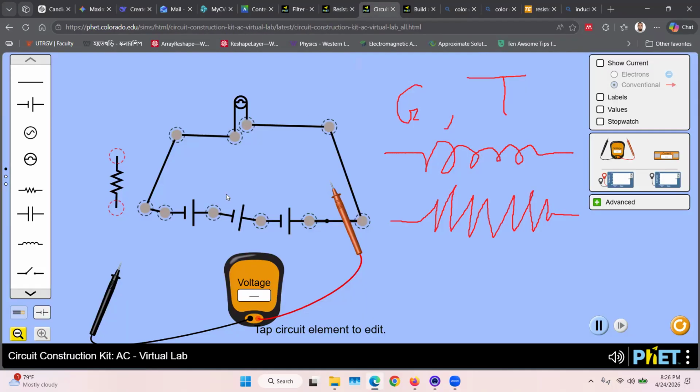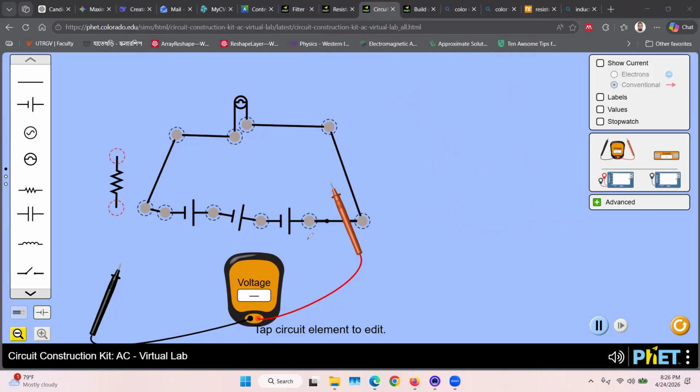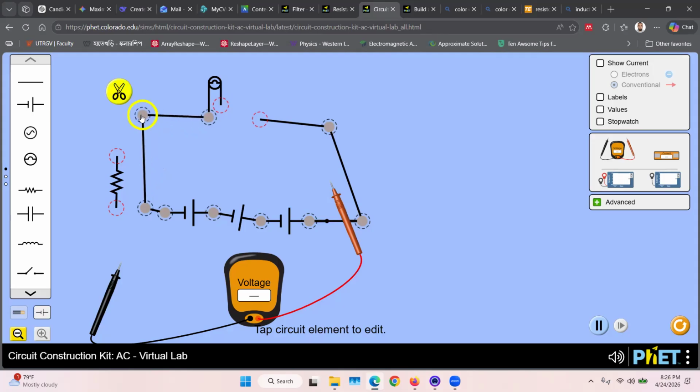And there's another thing you make mistakes on. Let me explain to you. We put the resistor here to control the amount of current that will flow through.